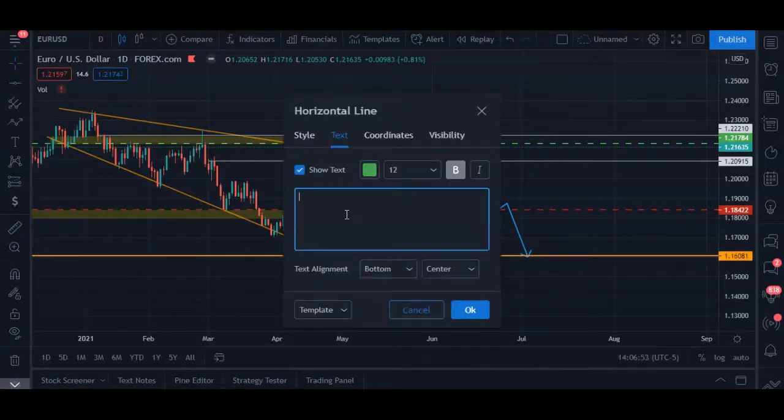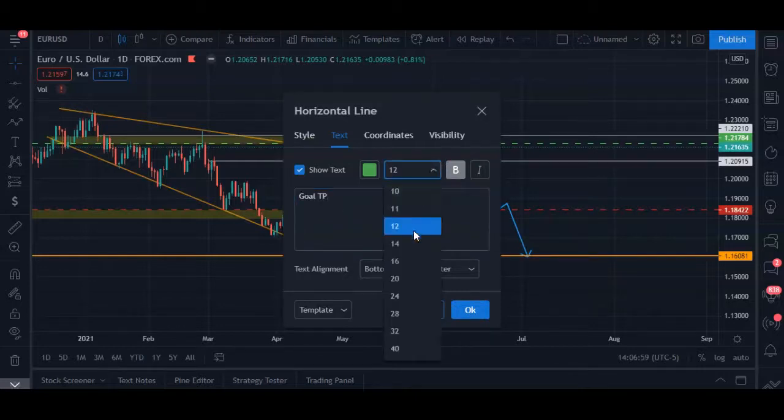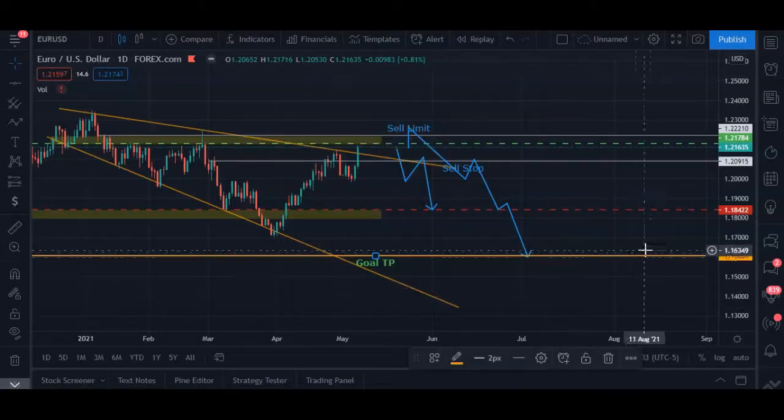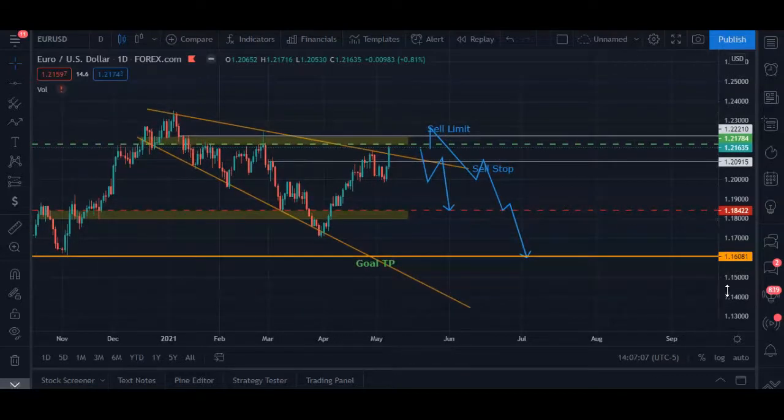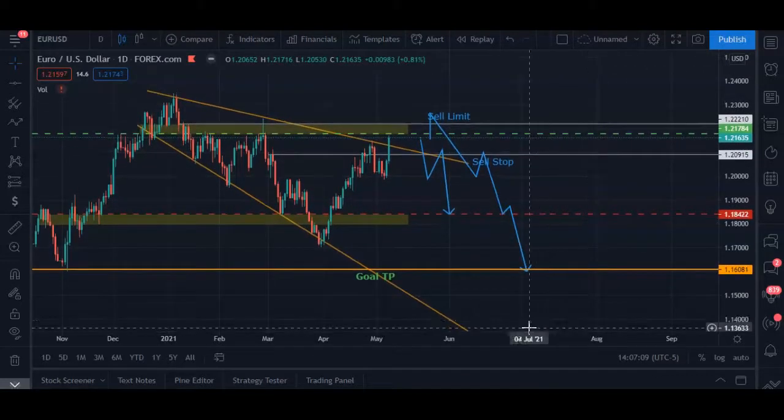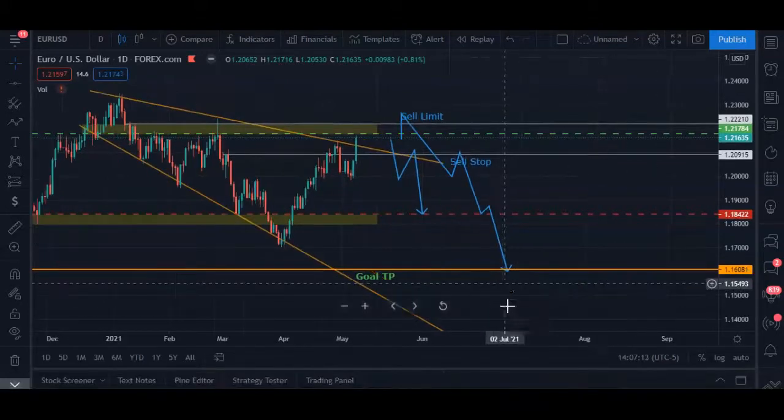Possible goal. Goal. Take profit. There we go. So this is what I'm looking for to happen. But let me see what day is April.